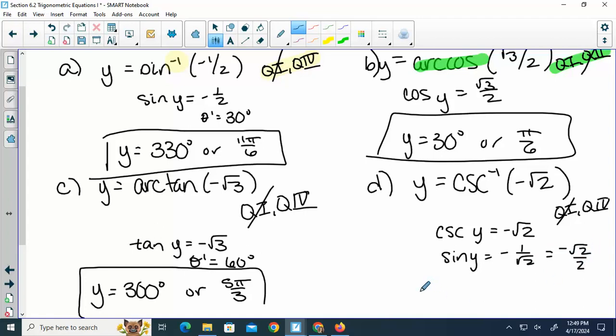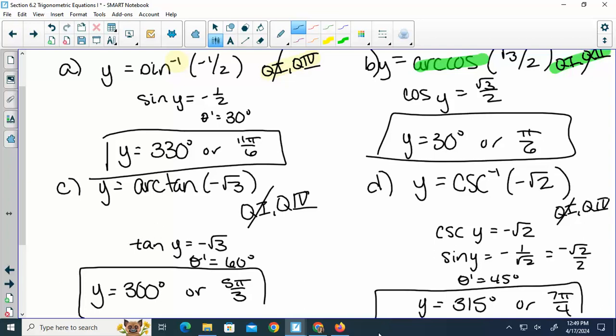That's 45 degrees, so 315 in quadrant 4, since 360 minus 45 is 315. Or if I did radians, 7 pi over 4. If you have a filled out unit circle, you're just looking on the unit circle in quadrant 4. Quadrant 3 we never use. We don't like it.